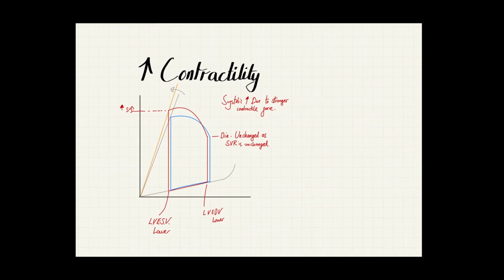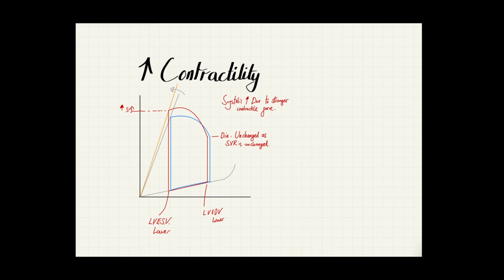So now we'll play a bit with contractility. For ongoing learning, you need to think about the fact that we can increase contractility by optimizing the internal milieu of the myocardium. Contractility is influenced by a number of factors.